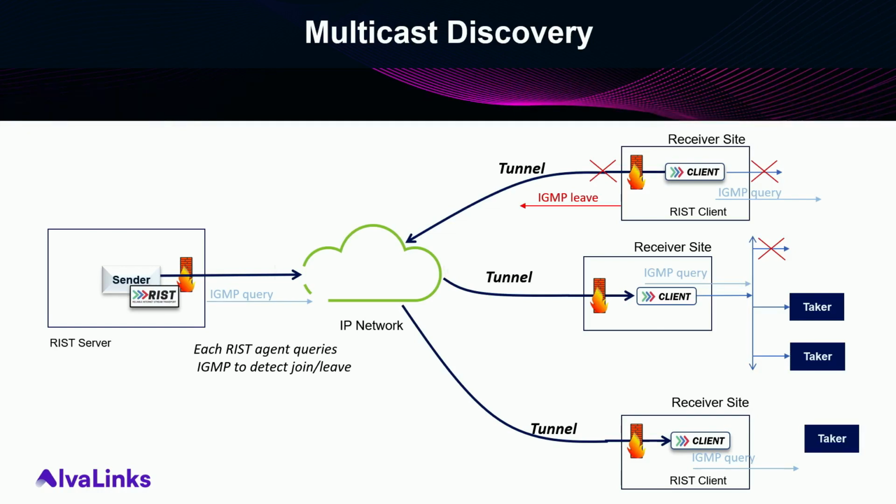And here a taker joined and he wants to consume ESPN as an example. So the querier will discover that, will issue an IGMP join that will trickle to the sender, and a stream will be sent to it. Very efficient, preserving the traditional multicast workflow.